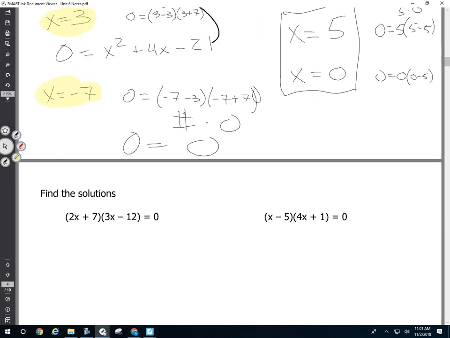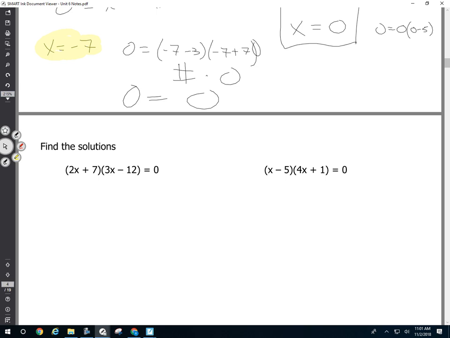Why don't you guys try these? Now, I'm probably going to just do the one on the left. You guys can do the one on the right. Okay? I have a product equal to 0. All I need is a piece of the product to equal 0, and the 0 product property states that everything's going to be 0.